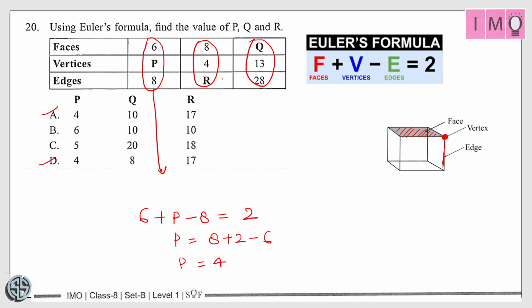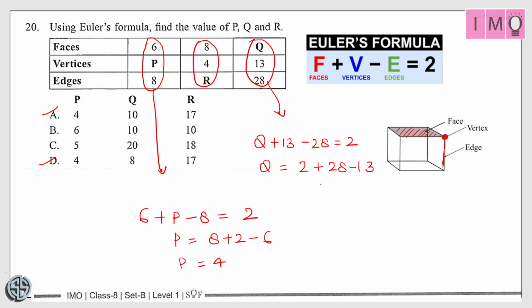Now let's check the value of Q here, because we have to see Q, right? So when you see the value of Q, you can find faces, which is Q, then plus vertices, which is 13, and then minus edges, which is 28. You will get the answer as 2. Now when you solve, when you take 13 on that side, it will come as minus 13, 2 is already there, minus 28 will come as plus 28.